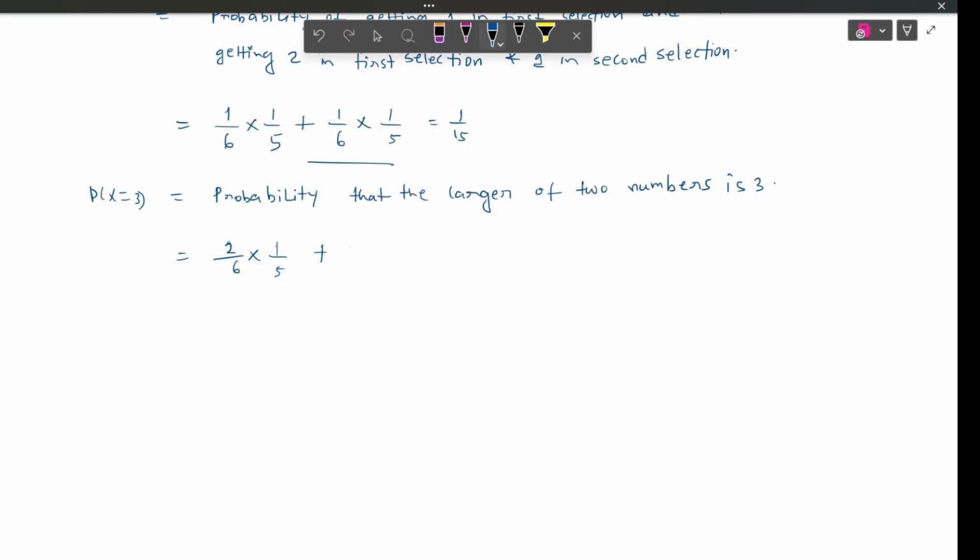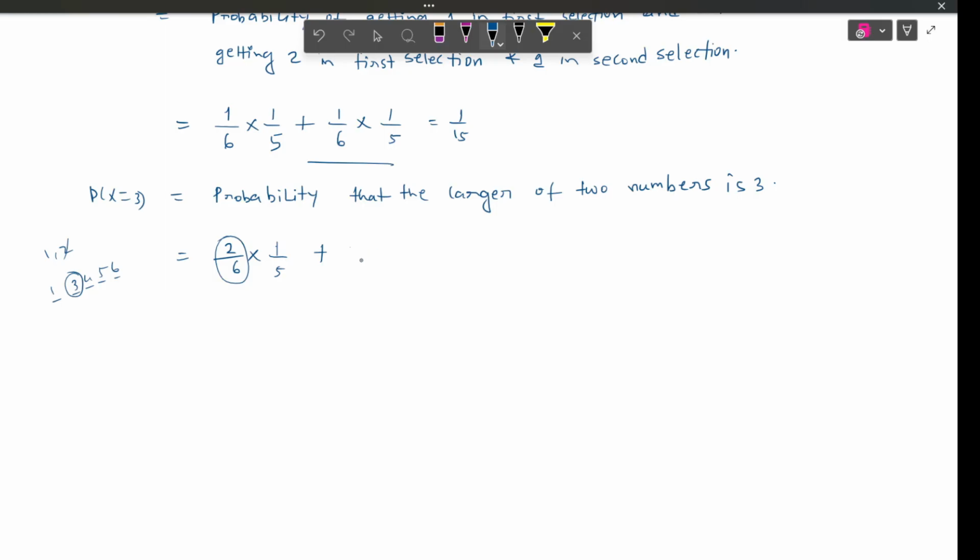Because in this case you have taken either 1 or 2, so in the set you still have 5 numbers. If you have taken, let us say, 2, then you remain with 1, 3, 4, 5, 6. These 5 numbers. So out of those 5 numbers you have taken 3.